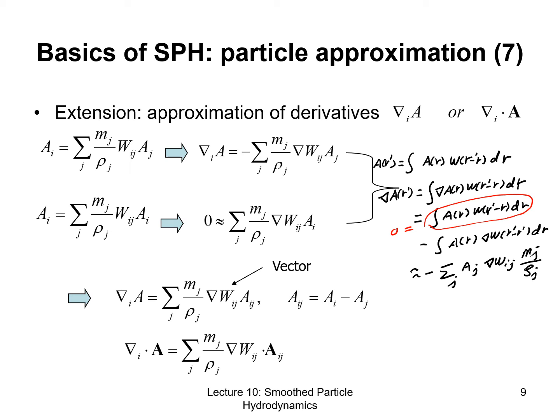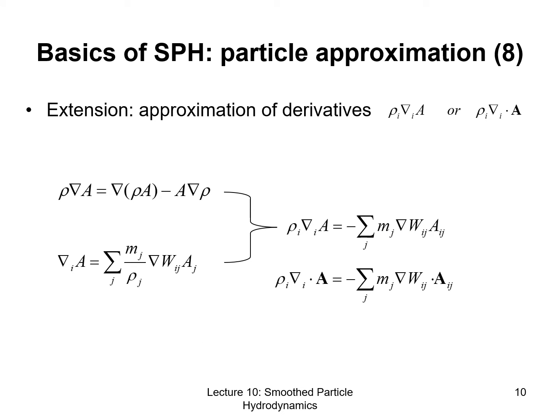So that's the particle approximation of gradient and divergence in SPH. With a little bit more involved but simple mathematical operations, we can still approximate something like density times a gradient or density times a divergence.